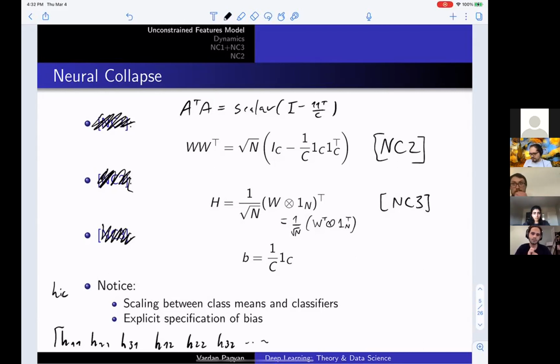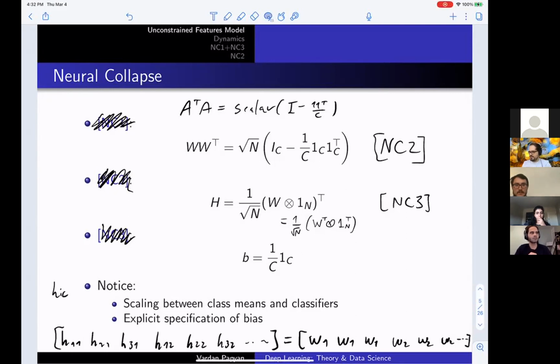So you can see there's a bunch of different features here. And on the right-hand side, you would have W1, W1, W1, W2, W2, W2, because of the Kronecker product. Does this make sense? So the Kronecker product with the ones vector is just copying the classifier many times.